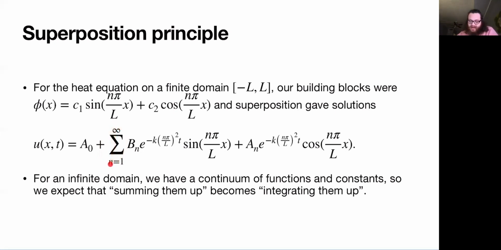So we'd expect that the integral is going to go from 0 up to infinity, where we're integrating over the possible eigenvalues. So the integral is going to be something like d lambda, summing up over this continuum of eigenvalues.